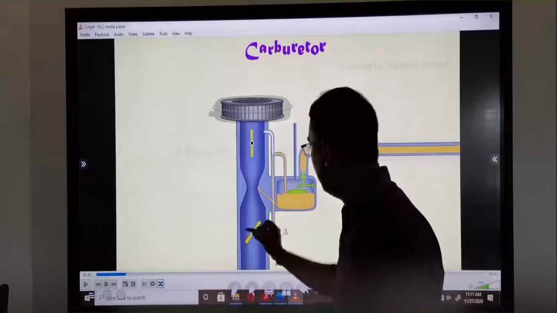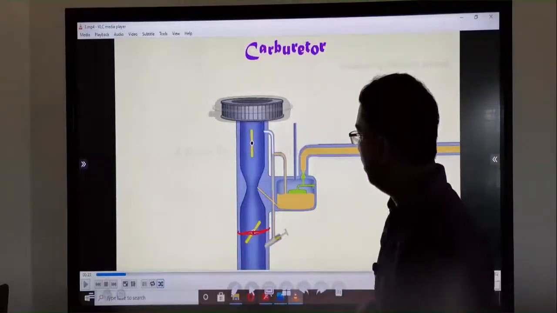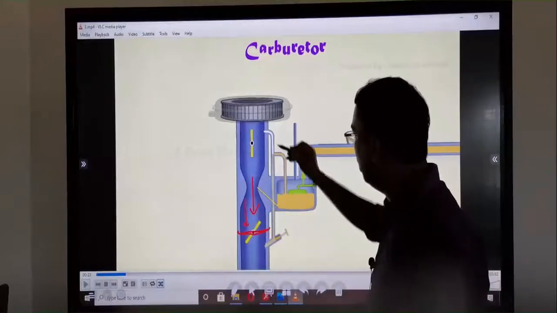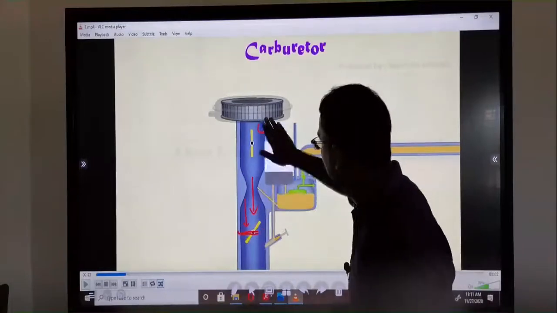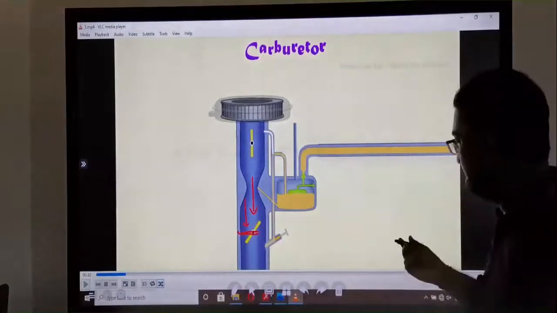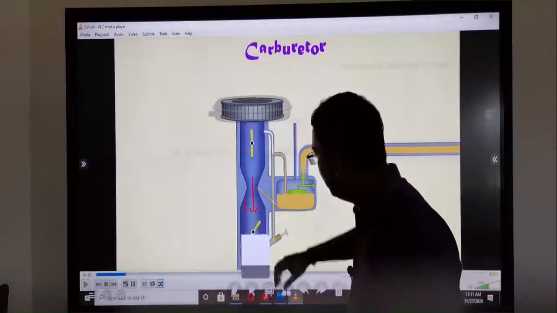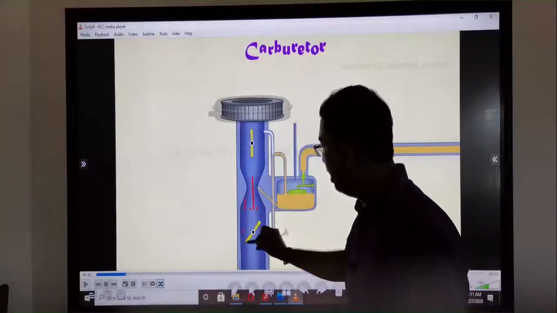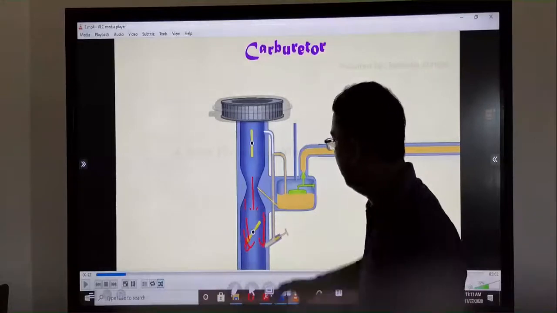In the normal condition, as I already told, the throttle valve is fully closed, so no air mixture comes through this line. Only the air-fuel mixture uses the idle line. After we start the vehicle with motion, the throttle valve starts to open, and then the mixture comes through this way.